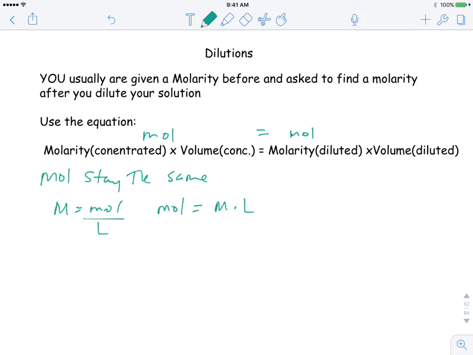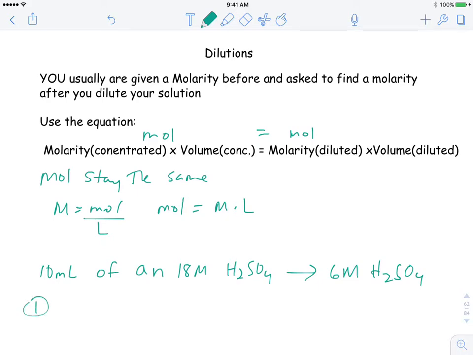Let's say that you had 10 milliliters of an 18 molar sulfuric acid solution, and you want to make this into 6 molar. The questions that you'll be asked are, 1, what's the final volume? And the second question is, how much water did you add?